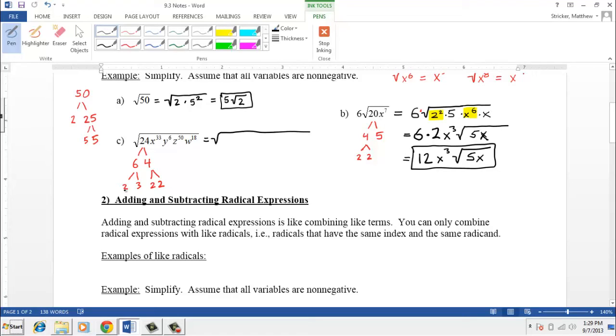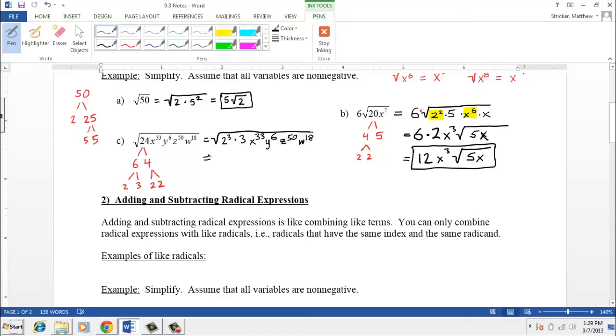Notice there are 3 2's, so we have 2 to the third. We have 1 3. We have x to the 33rd power. We have y to the 6th power. We have z to the 50th power. And we have w to the 18th power.